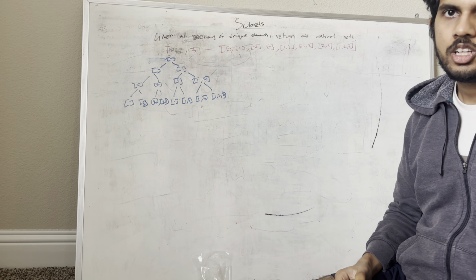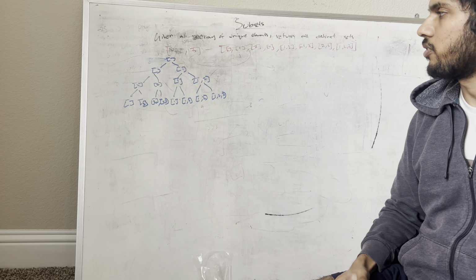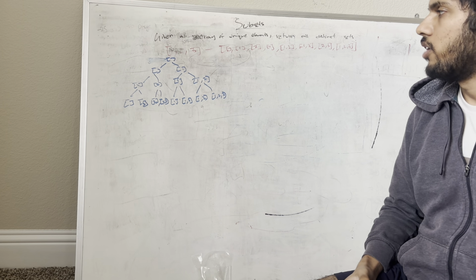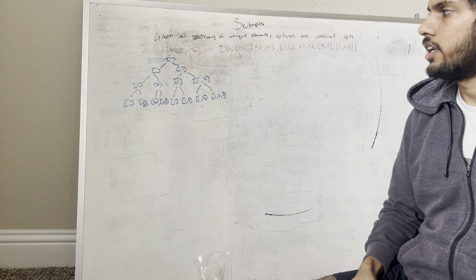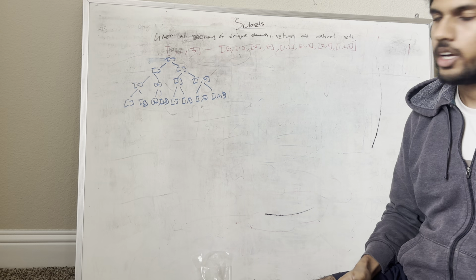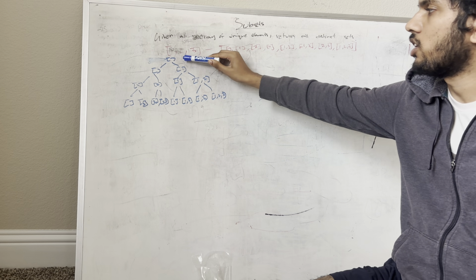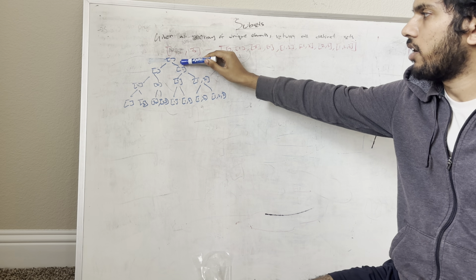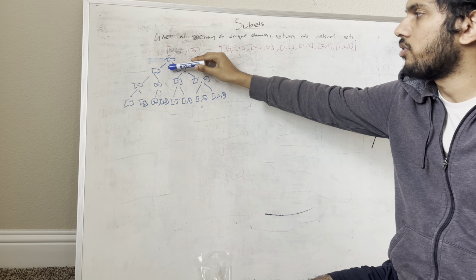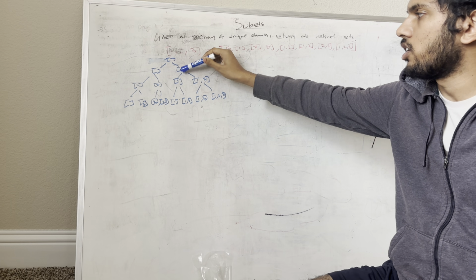In order to do this problem, there are several ways, but we're using a recursion method where we break down the problem into smaller pieces, then we bring it back together. As you can see in this flowchart, let's assume that we have an empty list and we have three possible values. We can either start with an empty array, or we can start with the value 1.